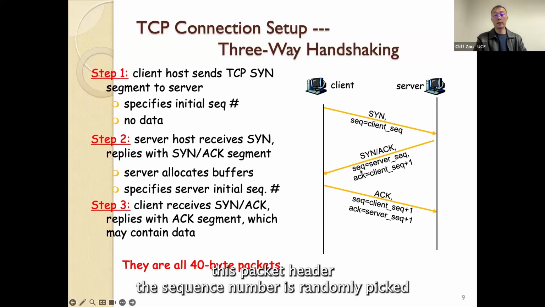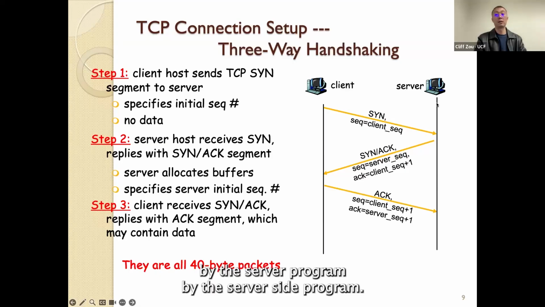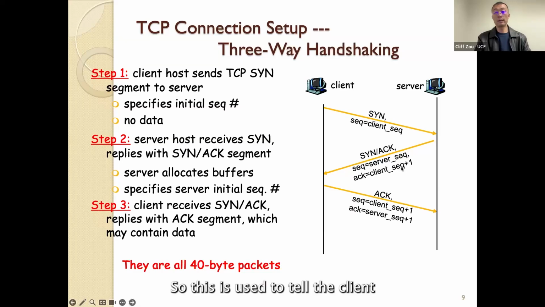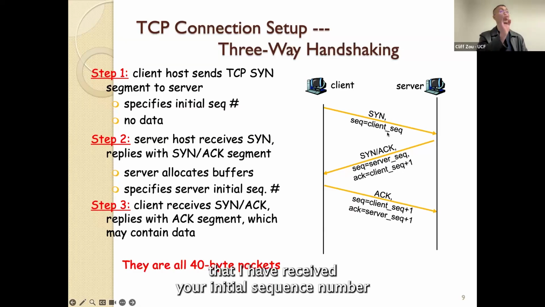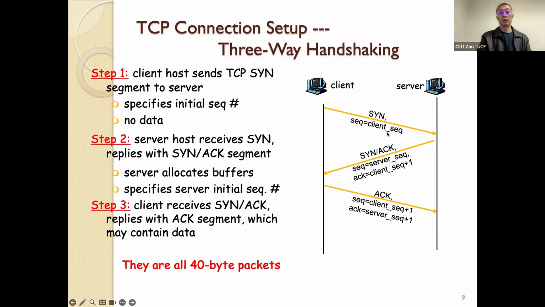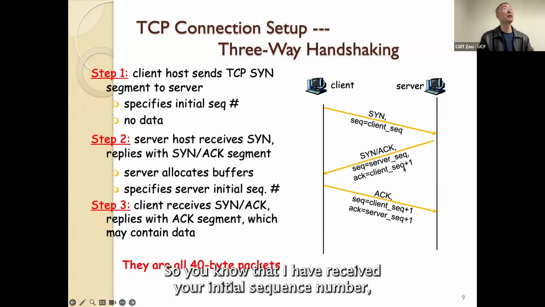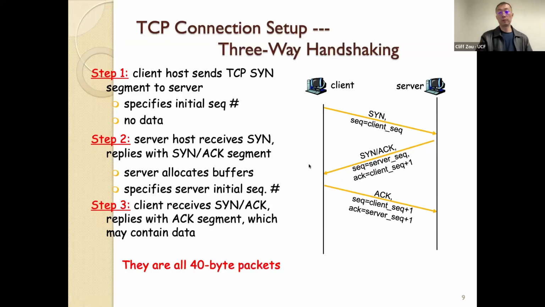In this packet header, the sequence number is randomly picked by the server-side program. And the acknowledgment number field will be the client sequence number plus 1. This is used to tell the client that I have received your initial sequence number, because I return that number plus 1. So you know that I have received your initial sequence number.